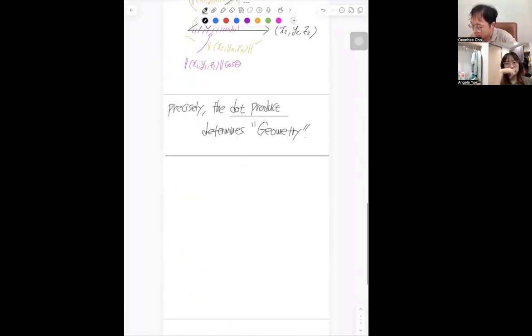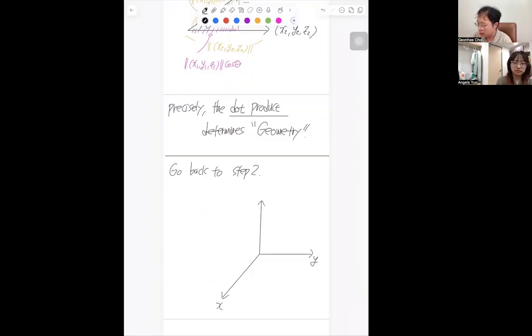Let's look at step two again. Go back to step two. Let me very naively draw a surface in R3, in x, y, z. Suppose you have a surface that looks like this.